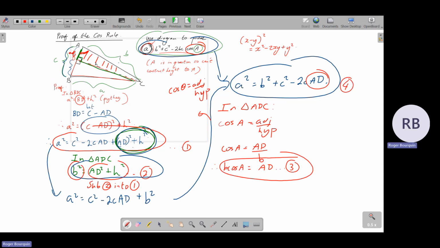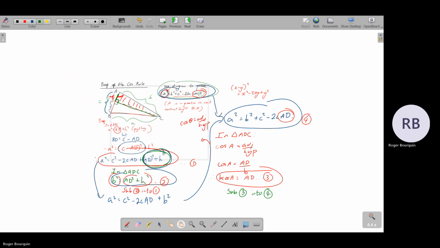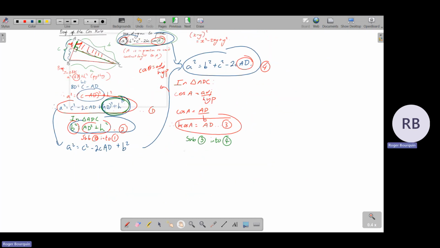So if I sub 3 into 4, I end up with what?